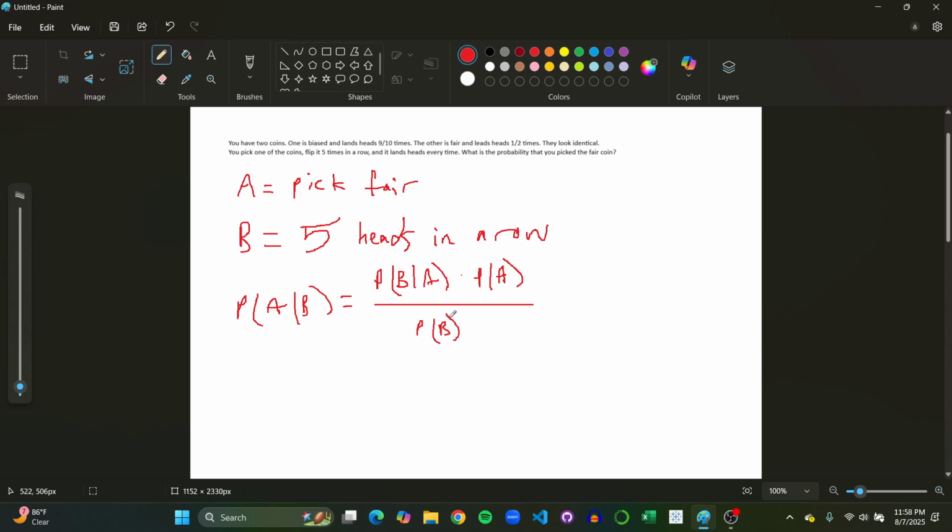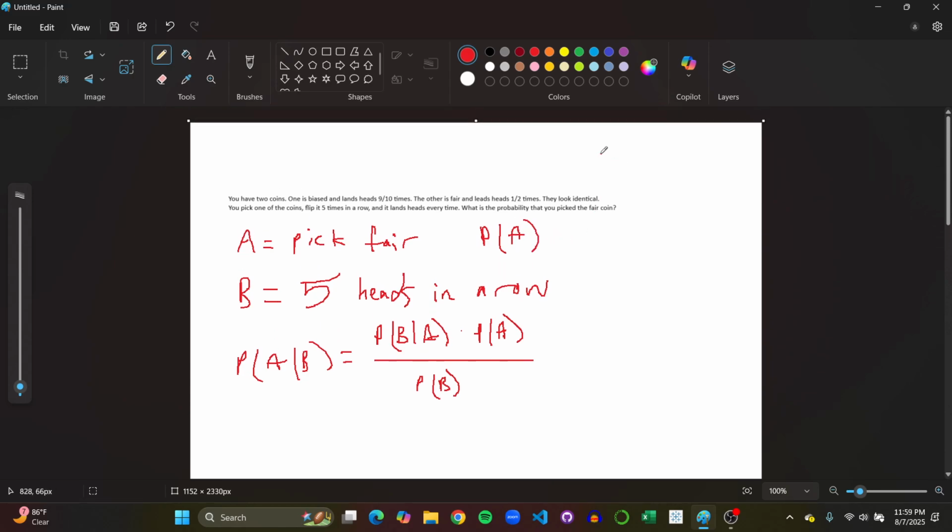Now, it looks super straightforward when you put this formula right here, but let's think about what information we actually have. So the chance that you picked the fair coin, well, you have two coins.